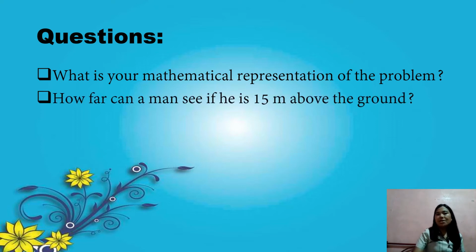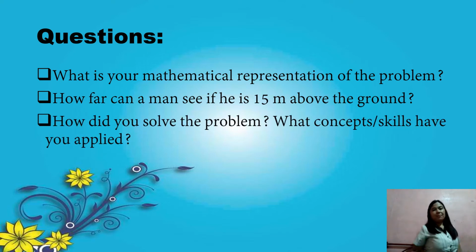And how far can a man see if he is 15 meters above the ground? Just like what you did earlier when you substituted h with 5, you're going to do the same with 15. Substitute h with 15, so you're going to have 3 times 15 over 2, and 3 times 15 is 45.